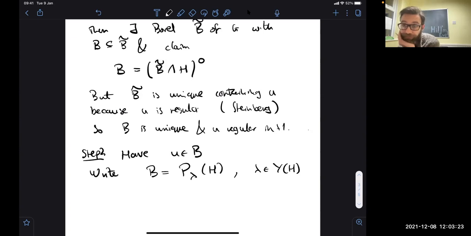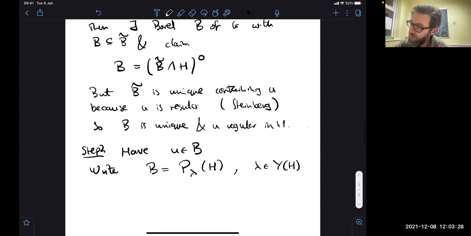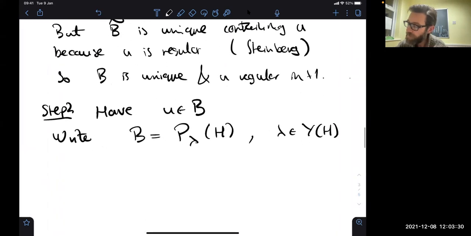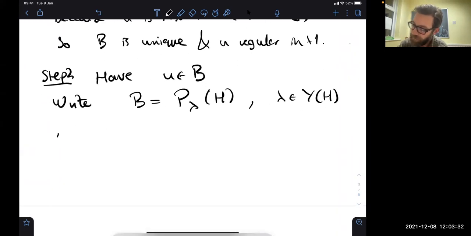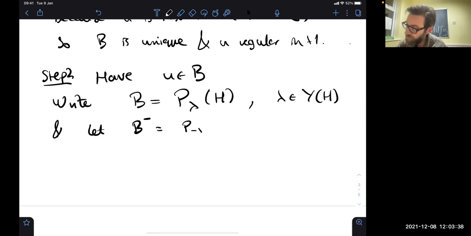I can do that. That's always true. H is a reductive group. And then I'm going to write down the opposite. So I'll call that B minus, because it's sort of sitting on the other side. And that's the parabolic of H corresponding to minus lambda. And it's an opposite to B, so it's still a Borel subgroup. So this is another Borel.